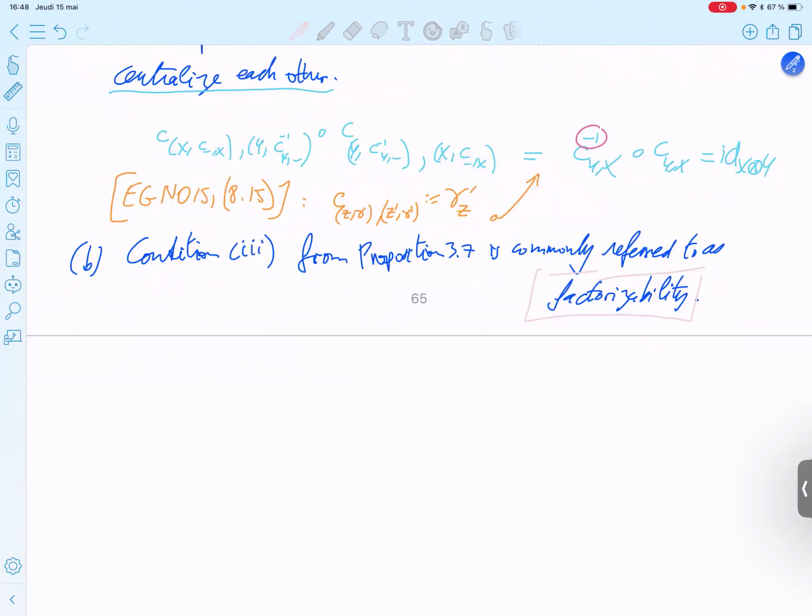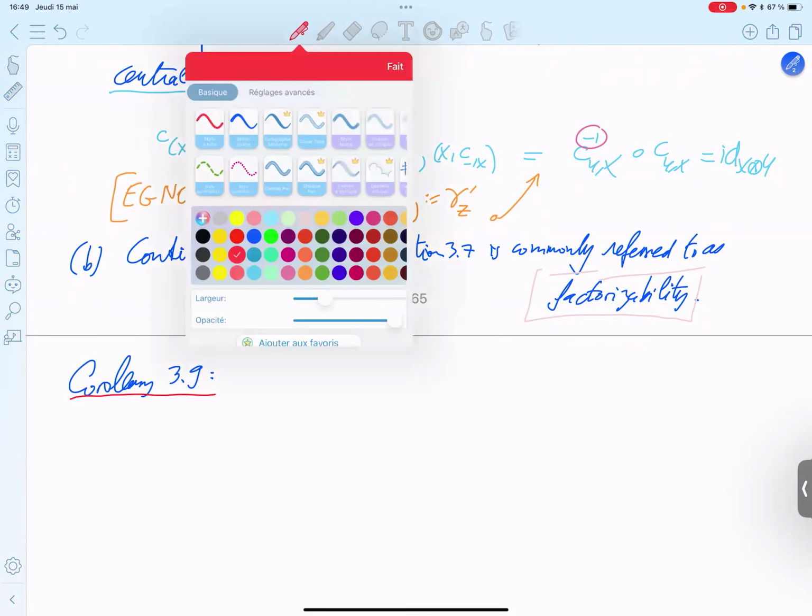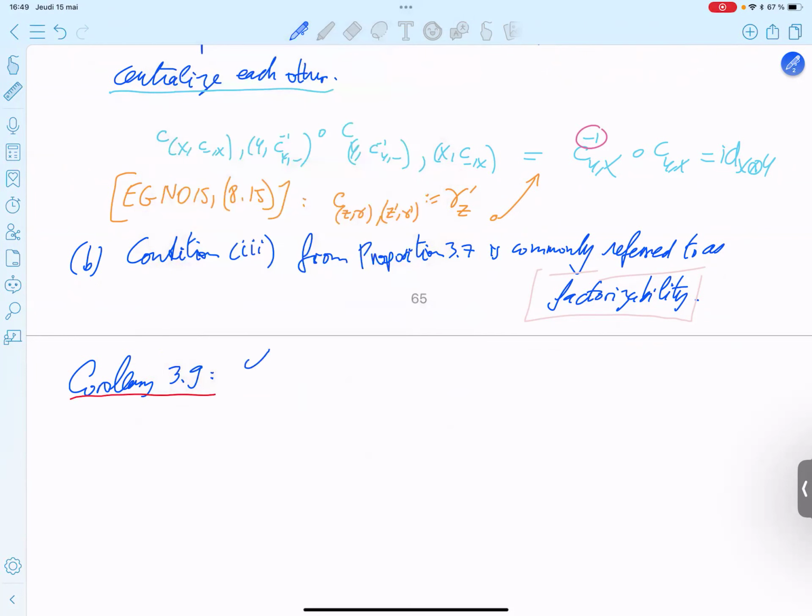So, Corollary 3.9. Let C be a fusion category. Then its center is non-degenerate.